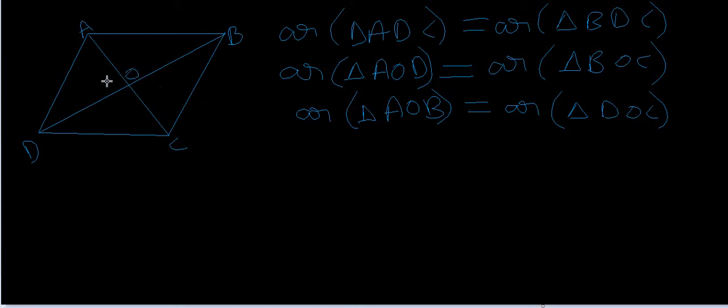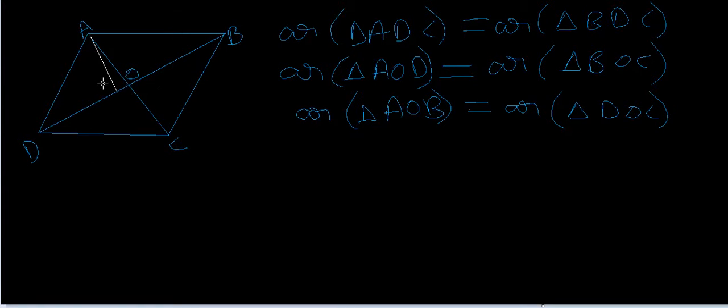Now for the triangle ADB, if I draw a line from A which is perpendicular to DB, that line would act as the height of the triangle ADB.